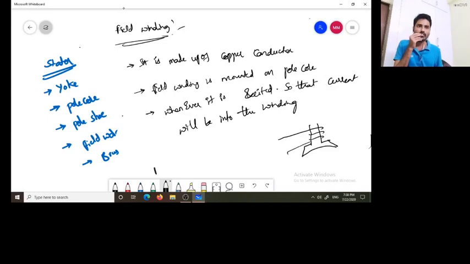So all these are connected in series. Here there is another pole. All these windings are connected in series. Here there is another pole, and here there is another pole.